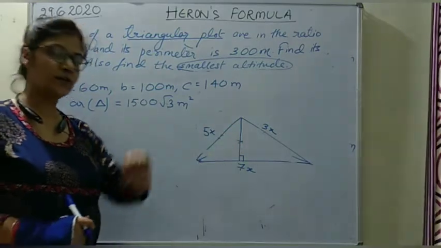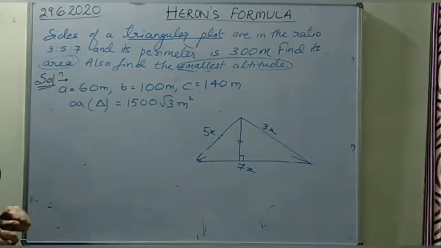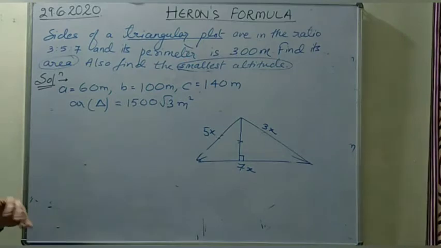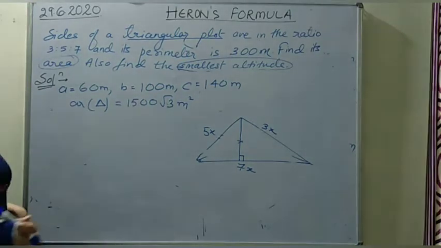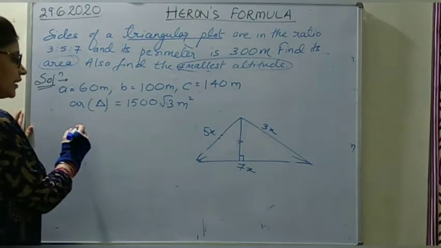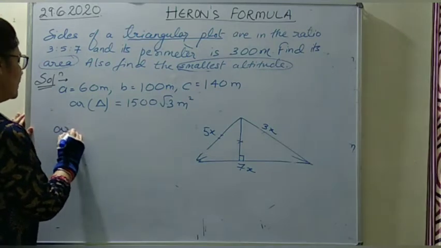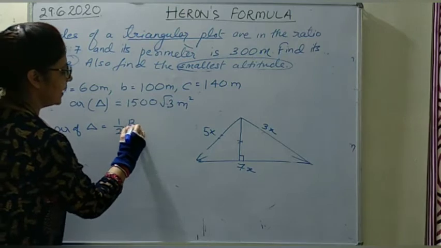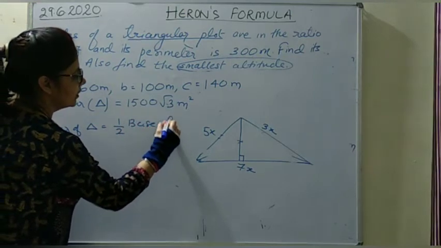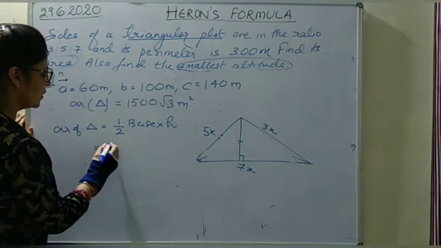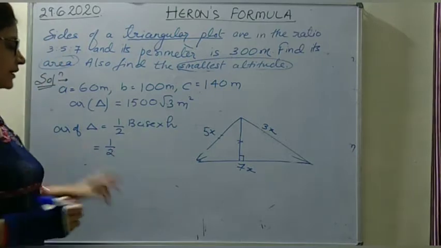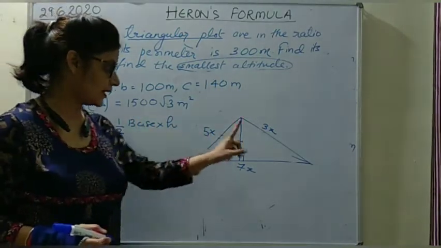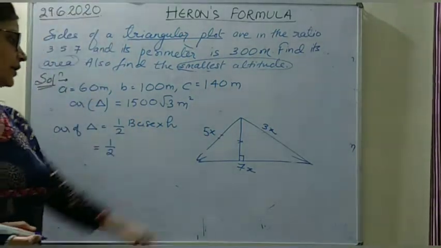So what will our altitude be? It will be the smallest. And what is the area when the altitude and the base are given? So the area of the triangle will be half base into height, or the altitude. So which side are we taking as the base? 7x.